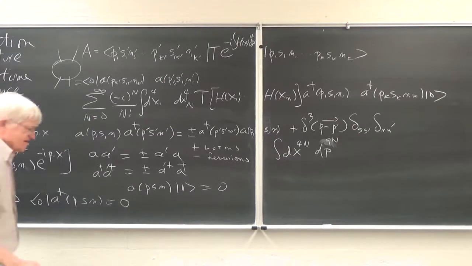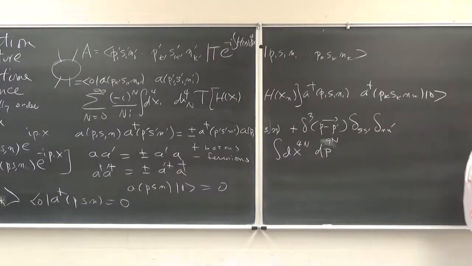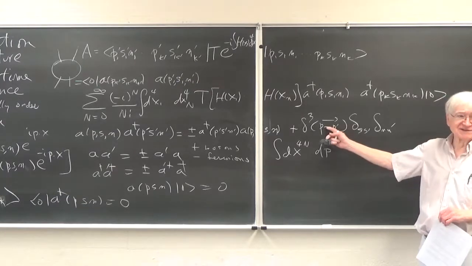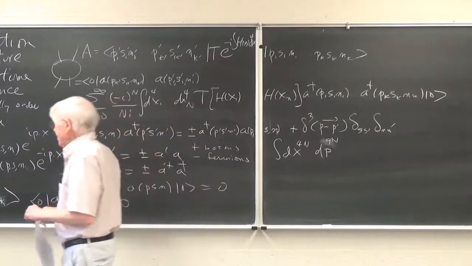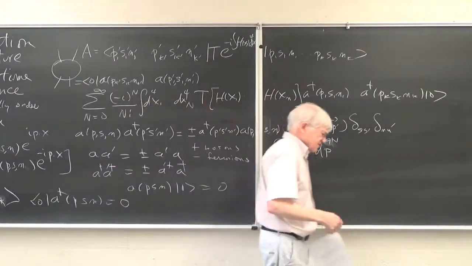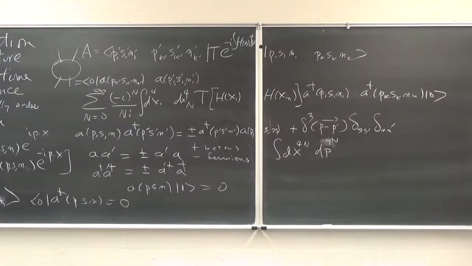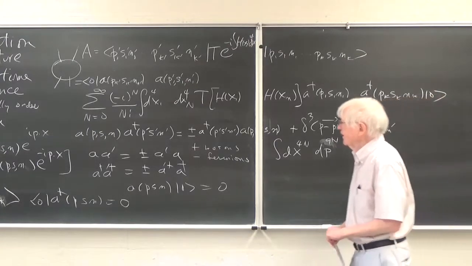Now, what saves us is Dirac. Dirac saves us, otherwise we'd be dead, because of the Dirac delta function. Each of these four-dimensional space-time integrals will turn into a four-dimensional Dirac delta function of momentum, and that will cut things down.